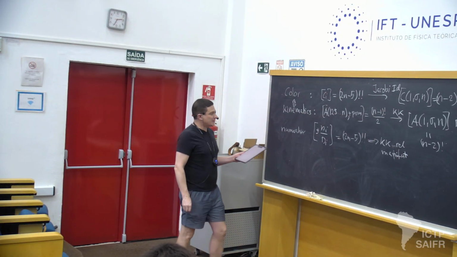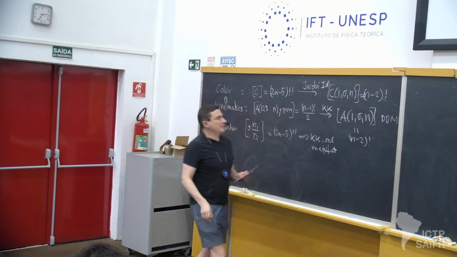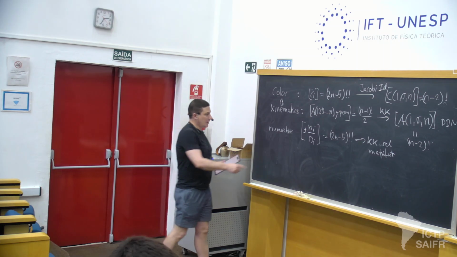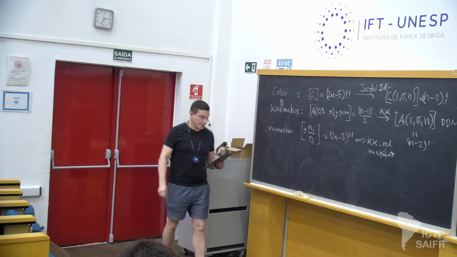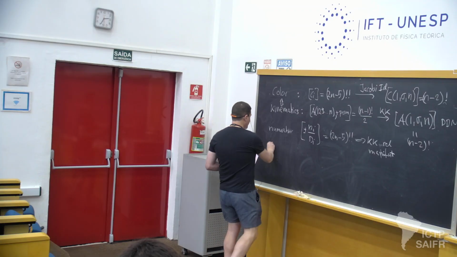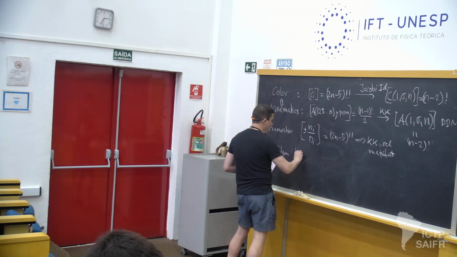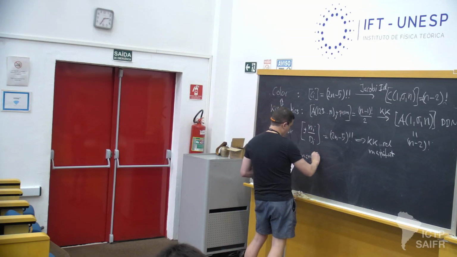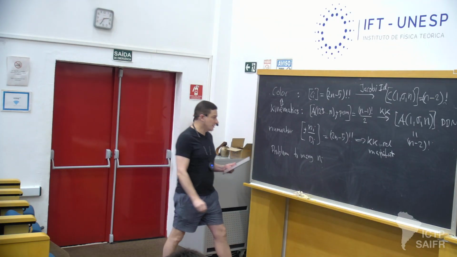But the problem, of course, is that we have now spoiled this nice analogy that we always have equally many color factors and kinematic factors. Now we have this many again, so we have to basically repeat the procedure. So the problem is that we have too many n_i, too many kinematic building blocks.